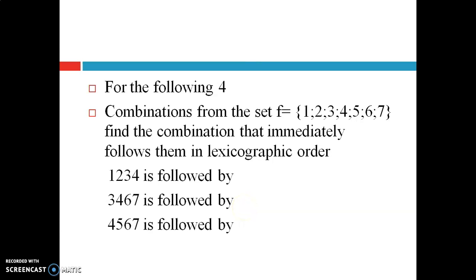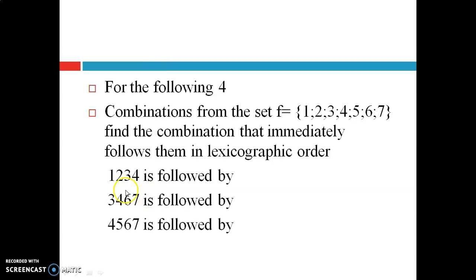For the following, suppose combinations from the set 1, 2, 3, 4, 5, 6, 7, a set having these elements. Find the combination that immediately follows them in lexicographic order.